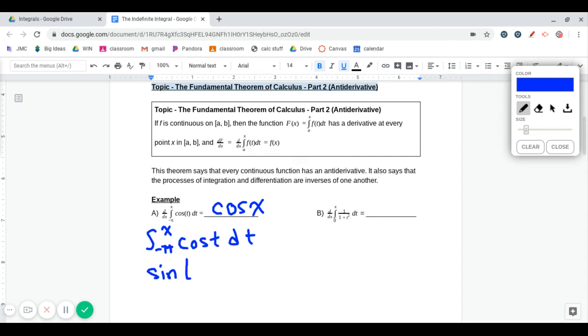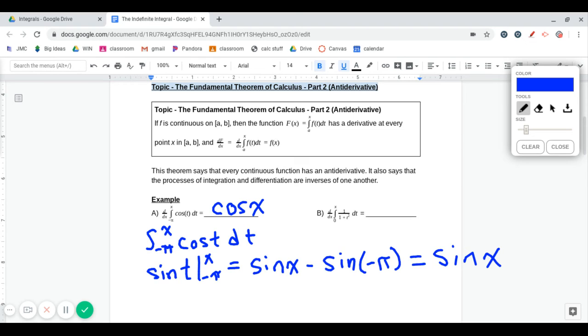So sine of t, evaluated from negative pi, as this straight line means, to x, and that equals, let's see, plug in x, so sine of x minus sine of negative pi. You can use your calculator, or if you're in trig, you might know this, sine of negative pi is 0. So this is really saying sine of x minus 0, which is just sine of x.